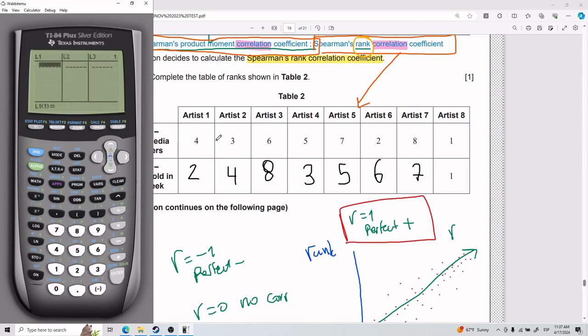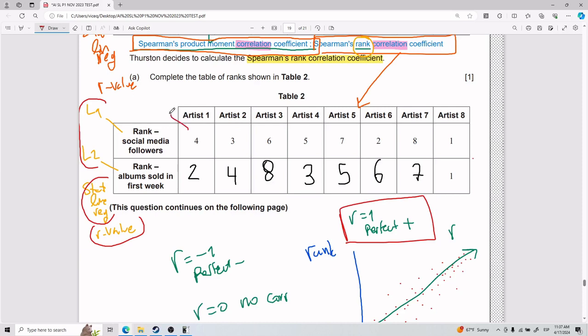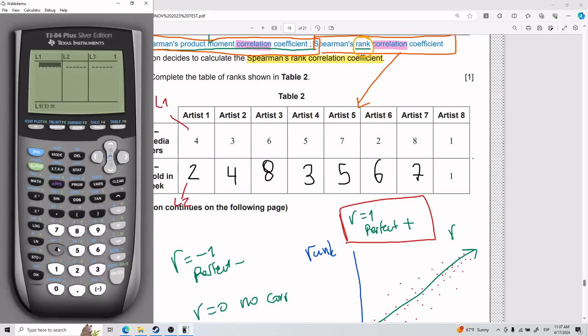So now you can plug it in. This one is L1, this one's L2. For L1 you're going to put 4, 3, 6, 5, 7, 2, 8, 1. And for the next one, you're going to have 2, 4, 8, 3, 5, 6, 7, 1.